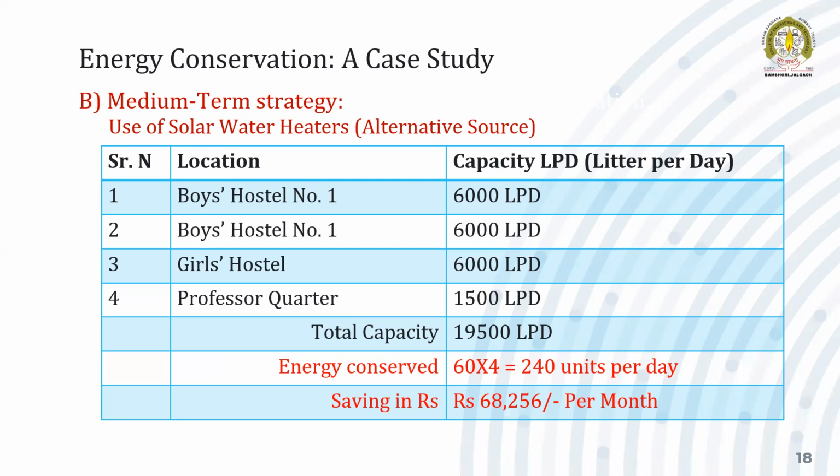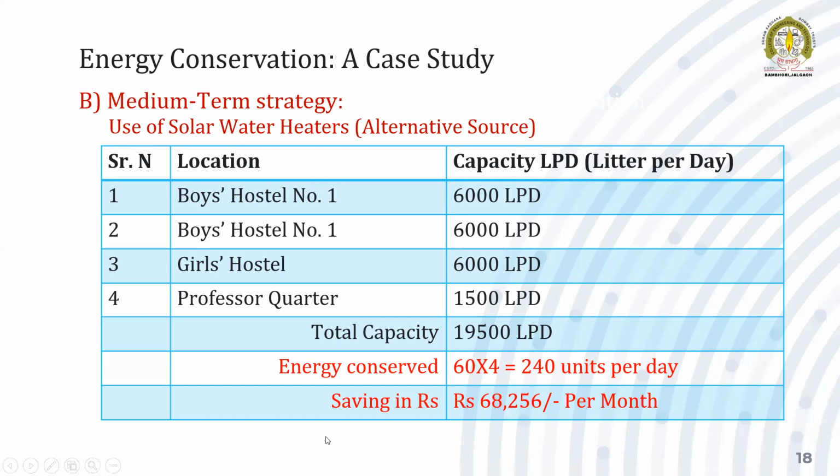So the best option is the replacement of the electrical heater by the solar water heater. We have installed solar water heaters in different sections at different times: boys hostel number 1, boys hostel number 2, girls hostel, and the professor's quarters. The total capacity of solar water heaters presently is 19,500 liters per day.